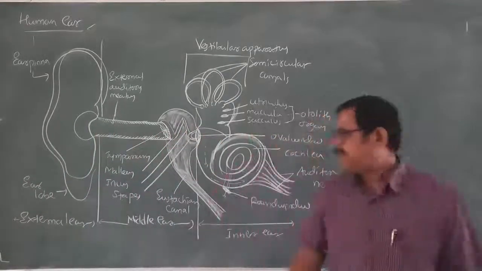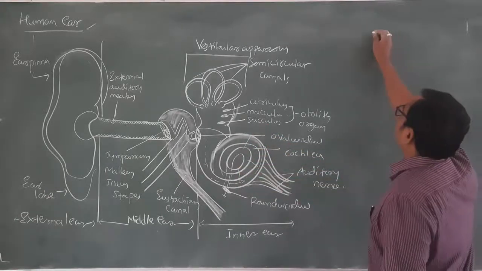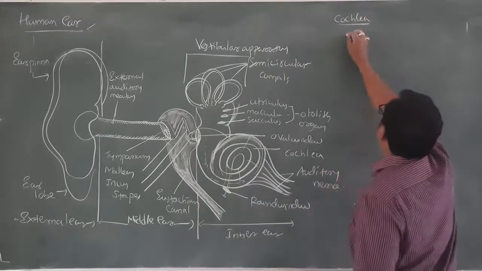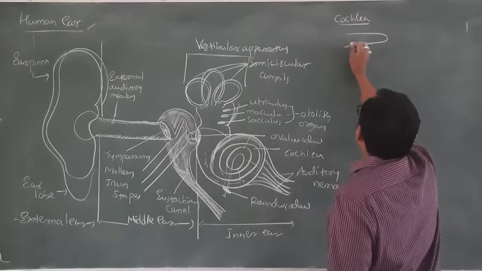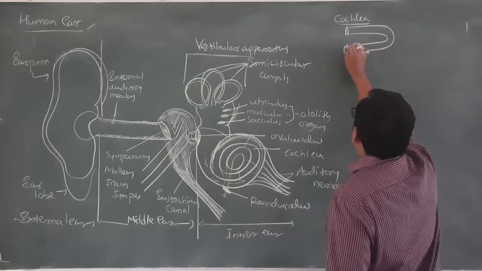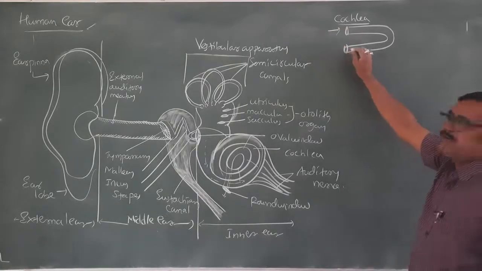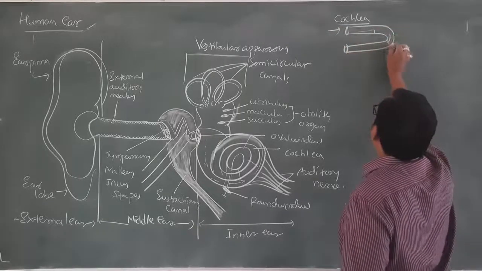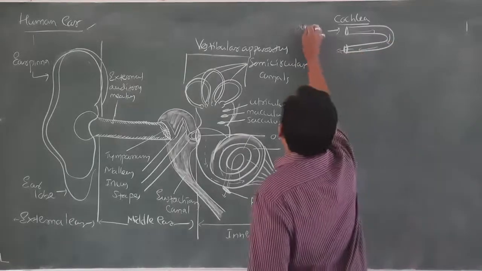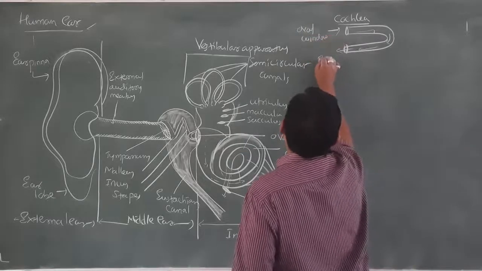If we take a section anywhere, the longitudinal section reveals that it is like this. So the vibrations coming in, vibrations are going out. Coming in by what window? Oval window. Vibrations are going out by the round window.